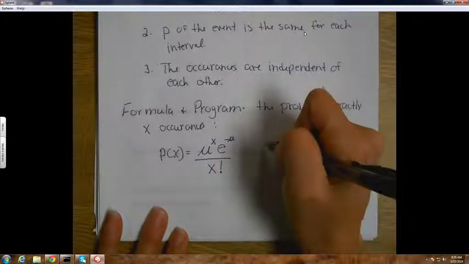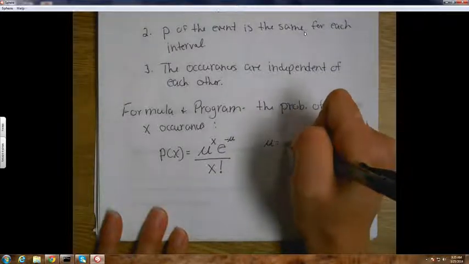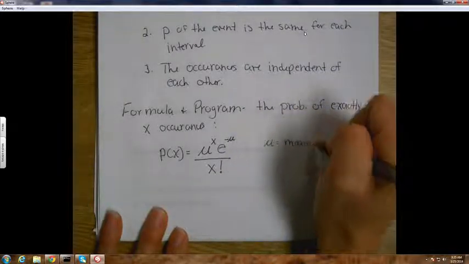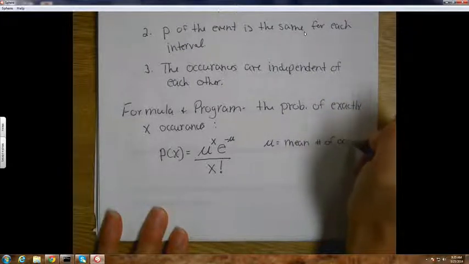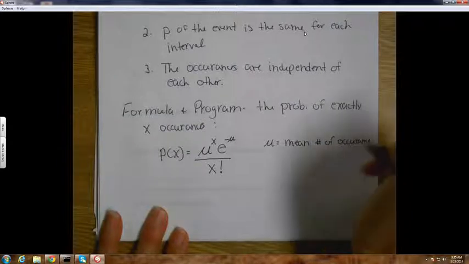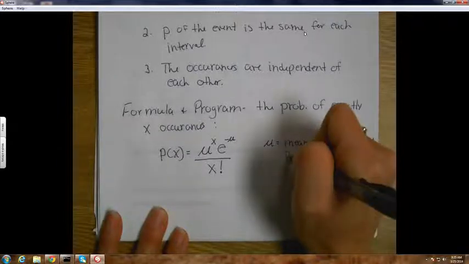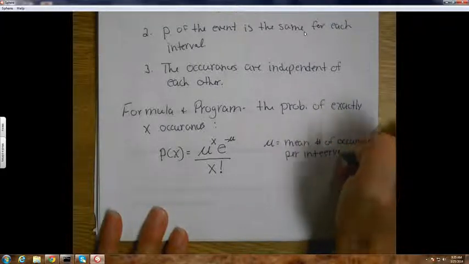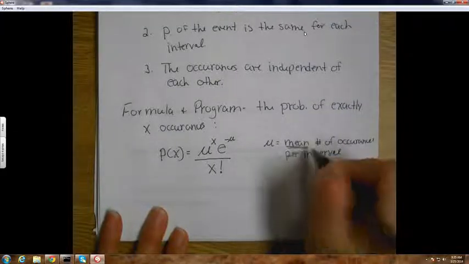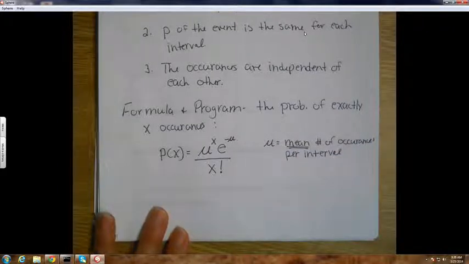So the mu is the mean number of occurrences per interval, and that's what makes this one, a Poisson, easy to pick out, because it's the only one of the three where they have to give you a mean in it. The average number of occurrences, or the average number of times this happens. They have to say it in the problem somewhere. You automatically know it's a Poisson.